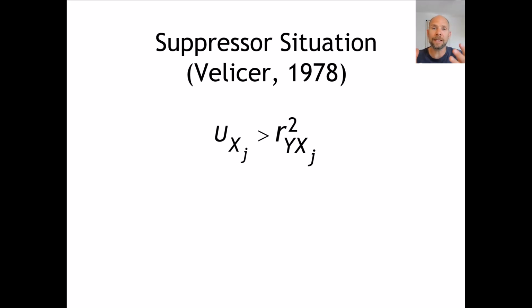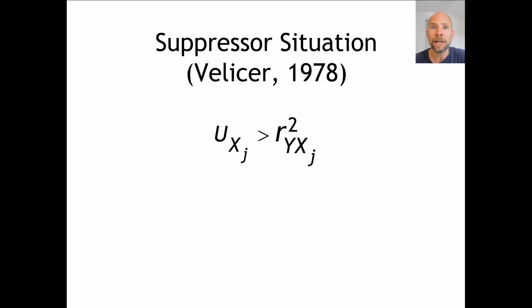So basically it means that if this predictor becomes more useful when it is considered in the context of another predictor, then we have suppression. That would always be given when uxj is greater than the squared zero-order correlation between that predictor and the criterion.